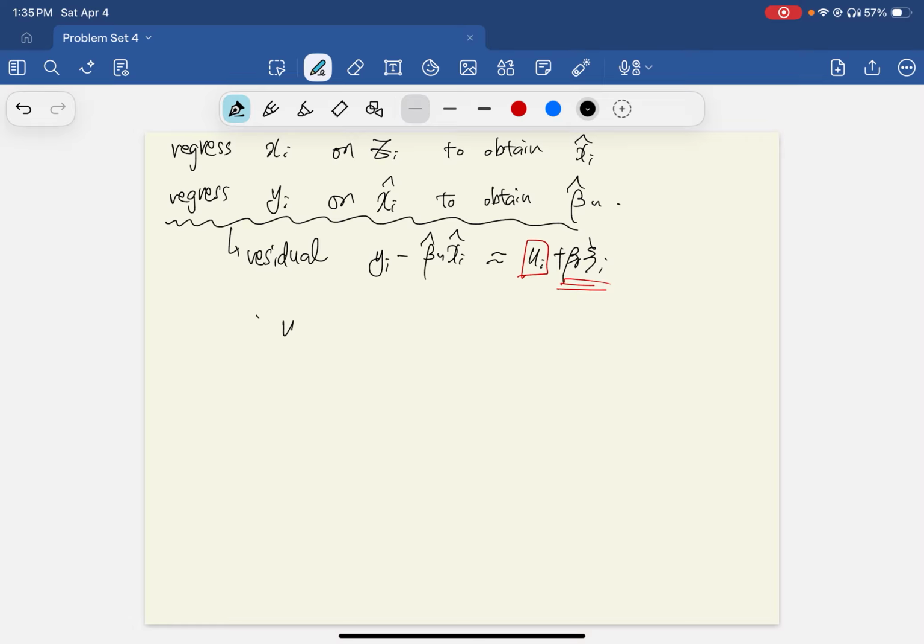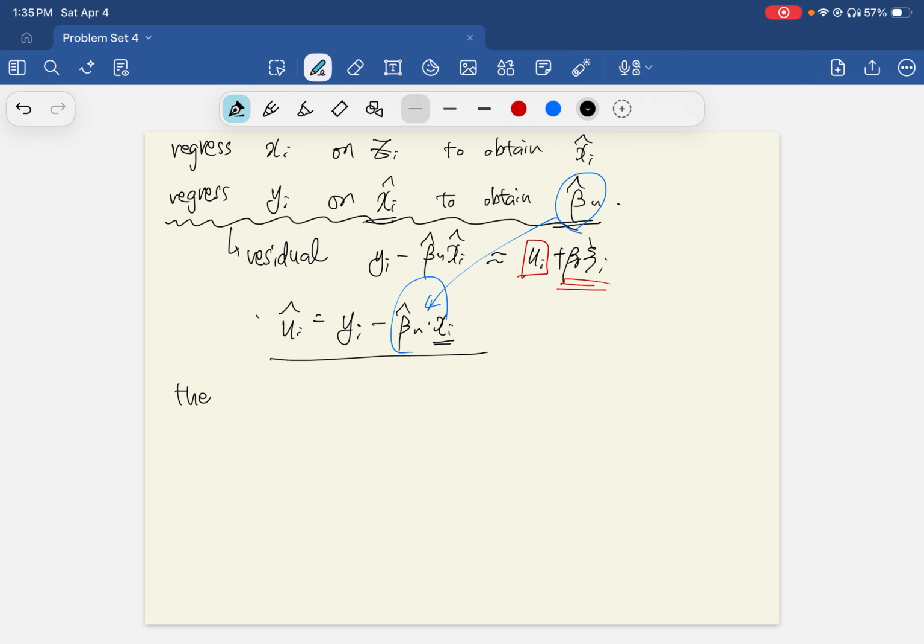So I will define ui hat as yi minus beta hat n, and here you have to change the regressor, right? When you obtain beta, the regressor was x hat, but in the residual, you are going to include x. Beta is the same beta, you are going to use the same beta from the regression result. So this is the only difference.